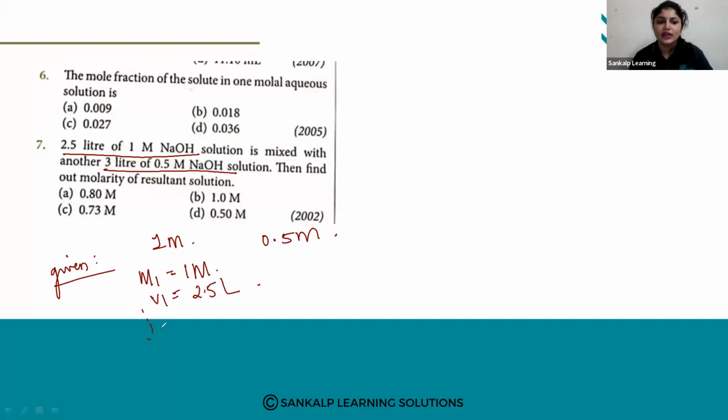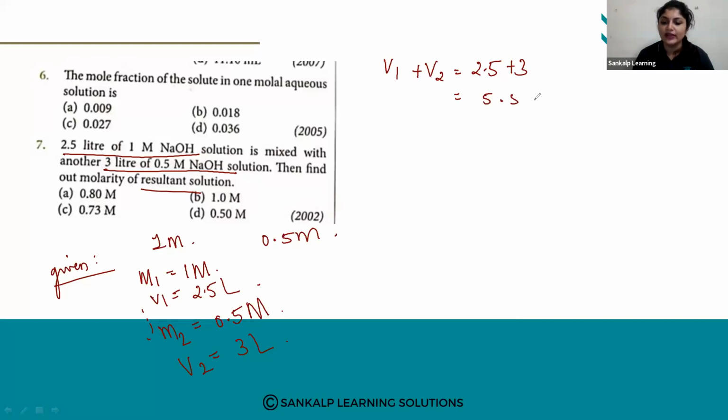Then M2, for the other solution, is 0.5 molar, and the volume V2 is 3 liters. Now, we have to find the resultant molarity. V1 plus V2 is 2.5 plus 3 liters, which comes to 5.5 liters.